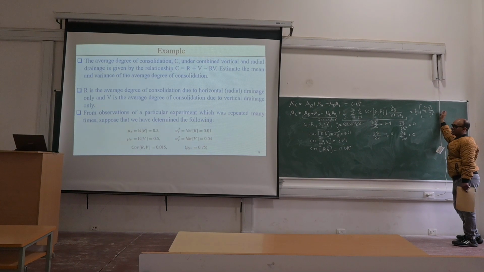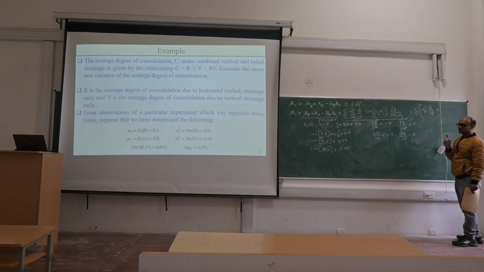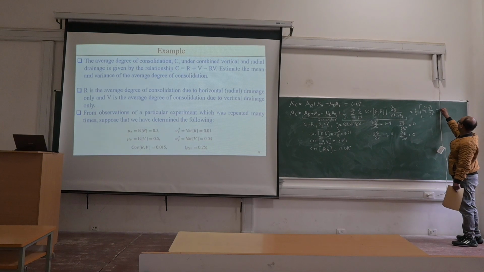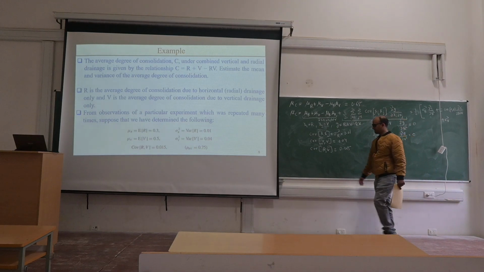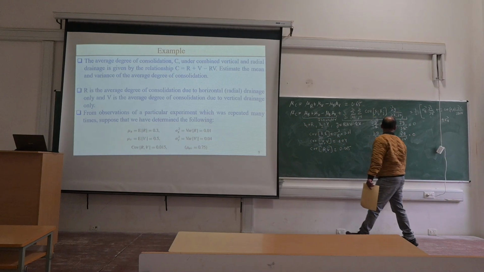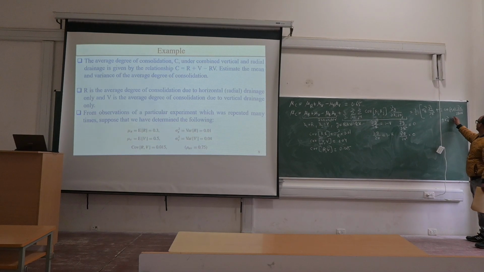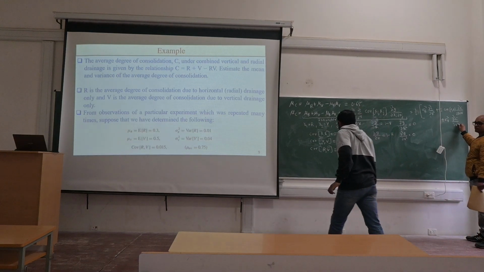Then i equal to 1, j equal to 2 and i equal to 2, j equal to 1: 2 times COV R comma V del square C by del R del V. Then i equal to 2, j equal to 2: sigma square V del square C by del V square.